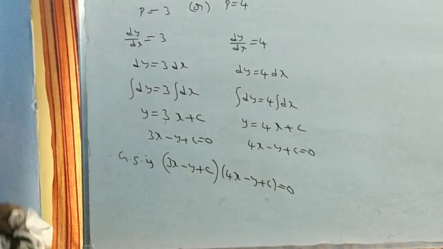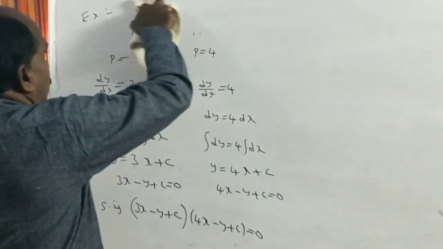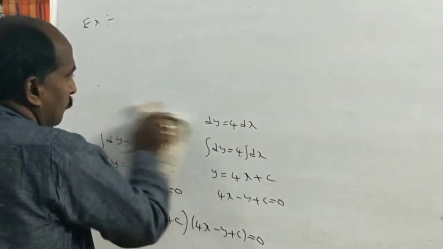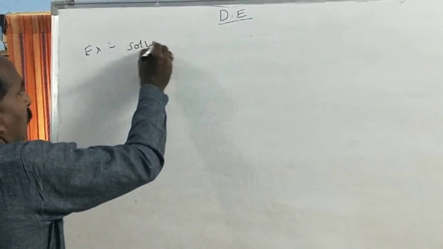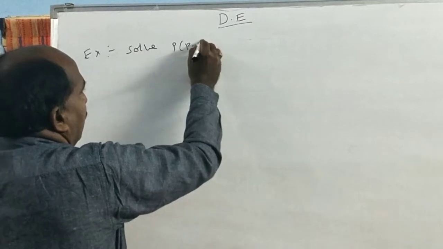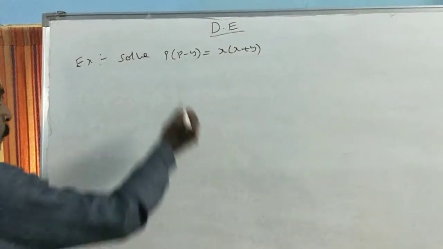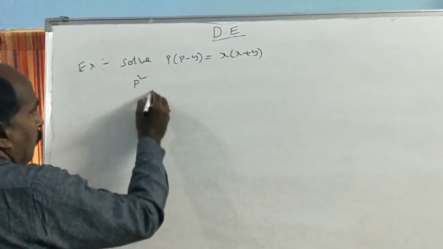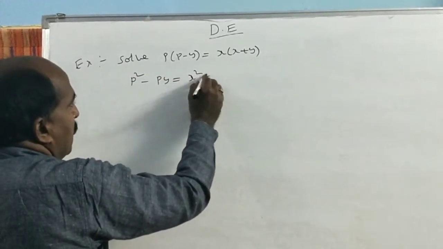We will see one more example. Solve p into (p minus y) equal to x into (x plus y). p into p square minus p into y, that is py, equal to x square plus xy.